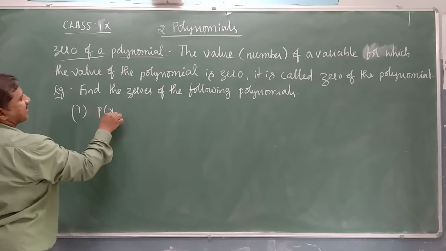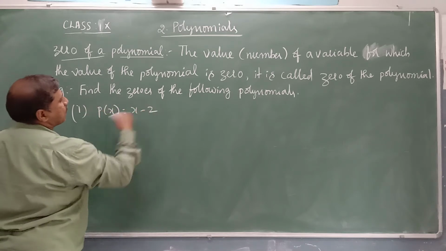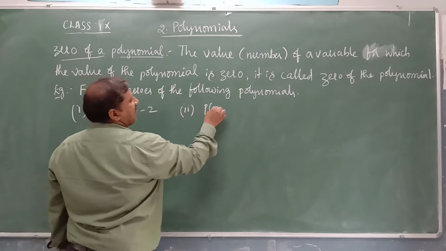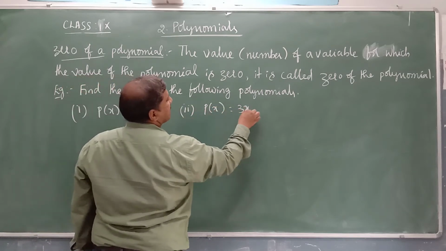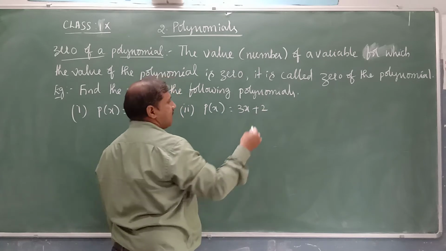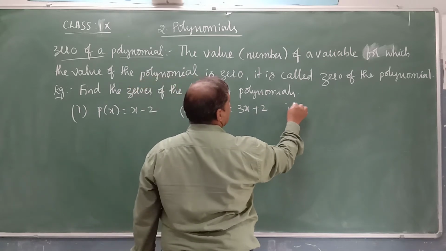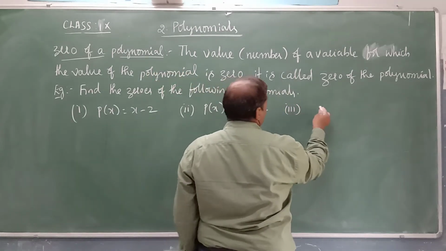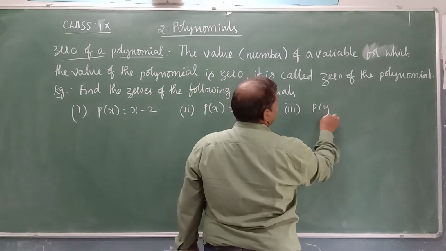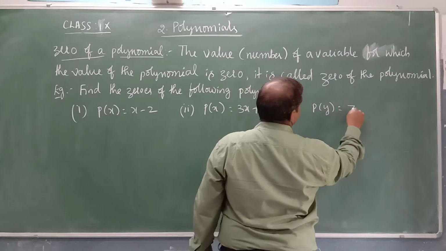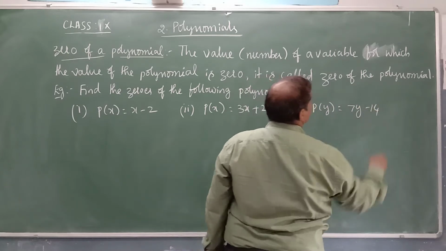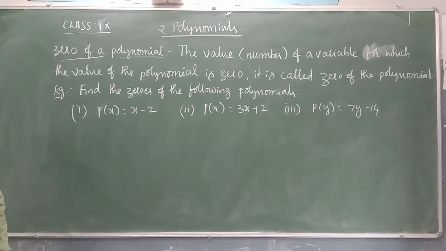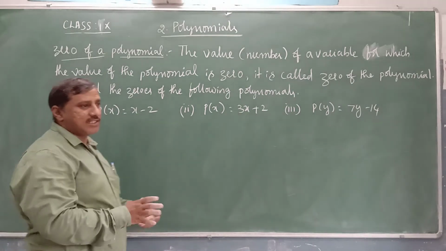P of x is equal to x minus 2. 2. P of x is equal to 3x plus 2. 3. P of y is equal to 7y minus 14. Yes. How do we find the zeros of the polynomial?